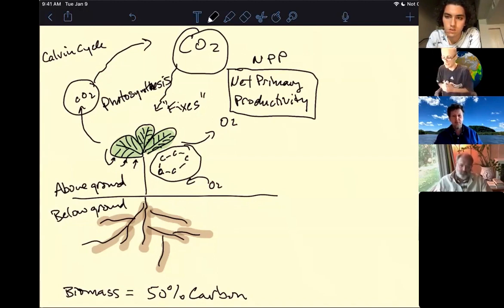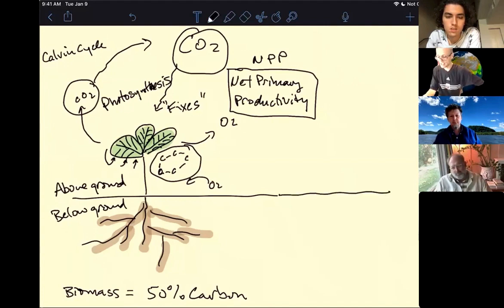So it's the in minus out that's left over, that NPP. Critically, that's the in minus out at the plant level. But now if we expand to the ecosystem level, which is where you're going, we have the same sort of cosmic balance going on there. Let's carry that thread through.